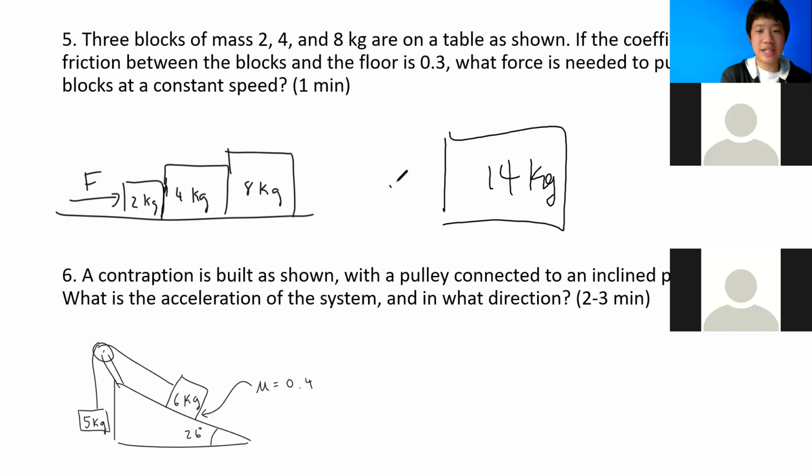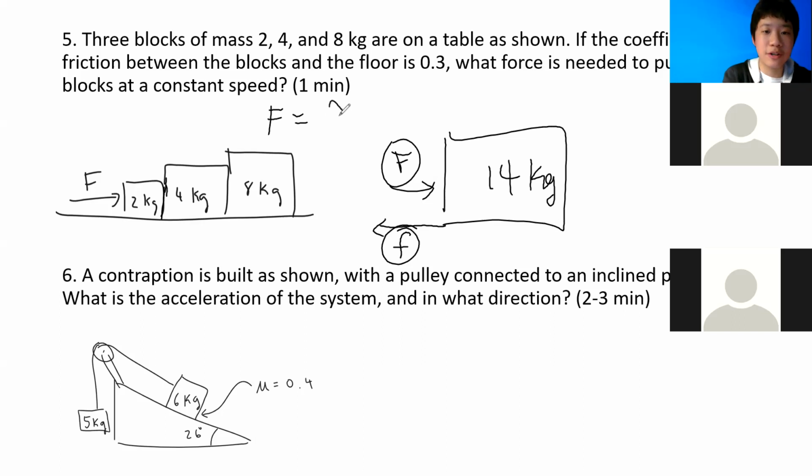Okay, so then we just have our force, and then an opposing frictional force that's going to try to resist our motion. So since this block is moving at a constant speed, these two forces are going to balance out, right? Because if the net force is 0, then the net acceleration is 0. So in this case, our net force is going to equal our frictional force.